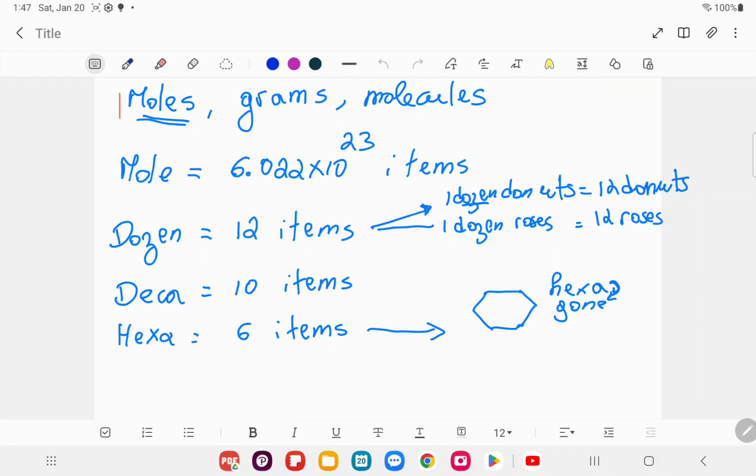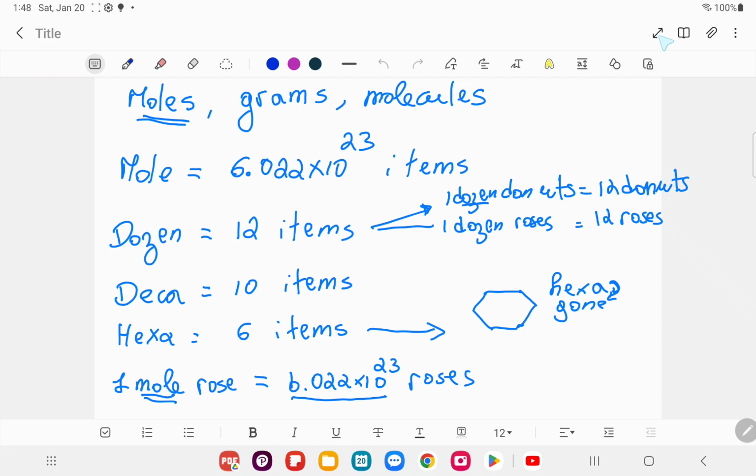In the same way, if we go and buy 1 mole of roses, the chemist lady will give us 6.022 times 10 to the 23rd roses. So when I use the word mole, I'm referring to this many items.